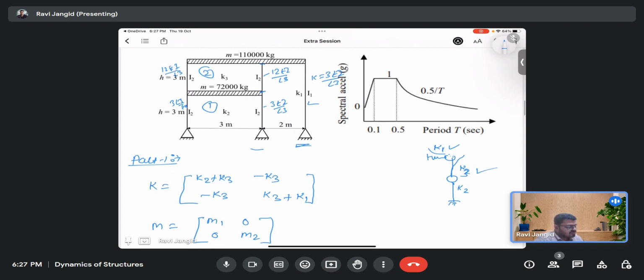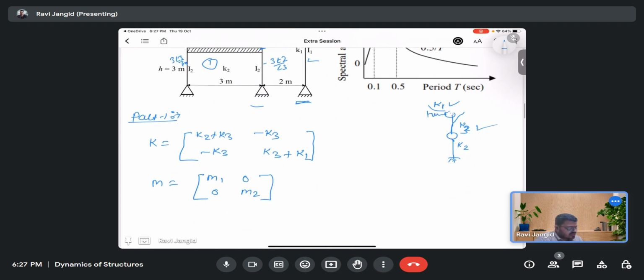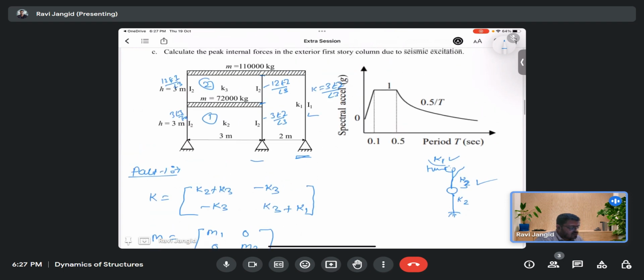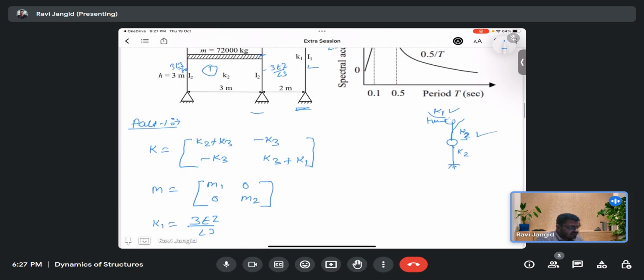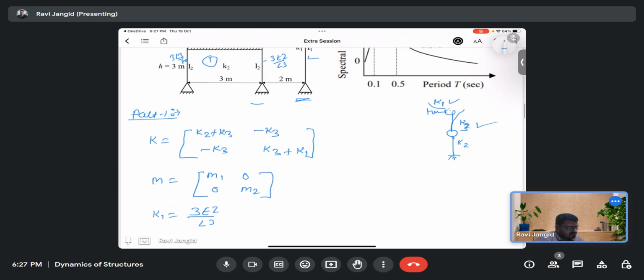Okay, so for this, if we write k1 is equal to 3EI by L cubed. The E is the same, only the I is different, I1, and the length is different, L1.